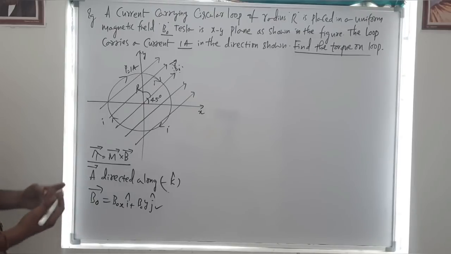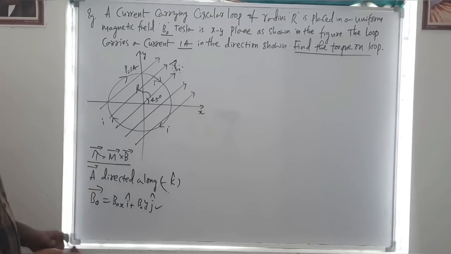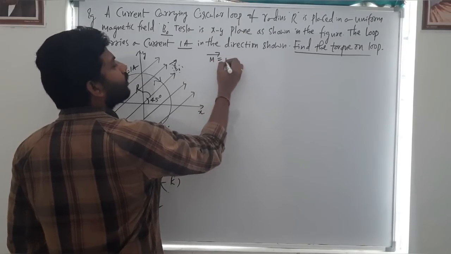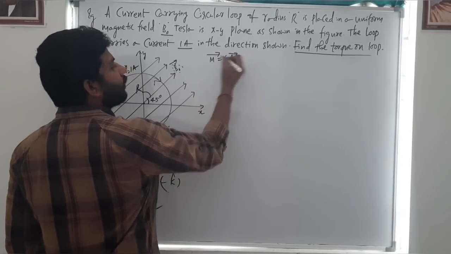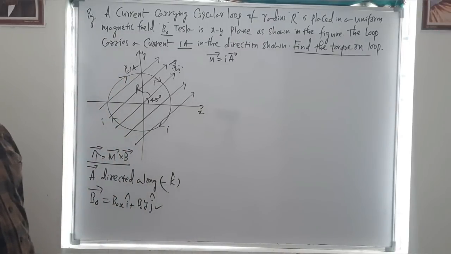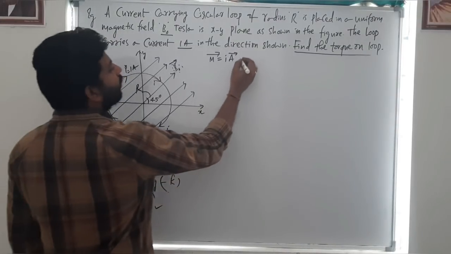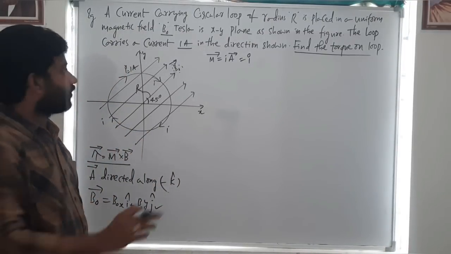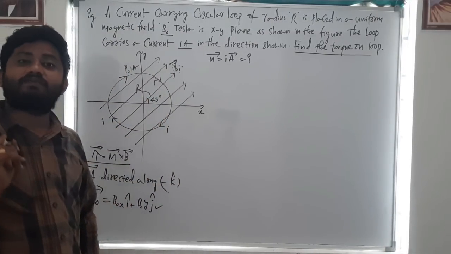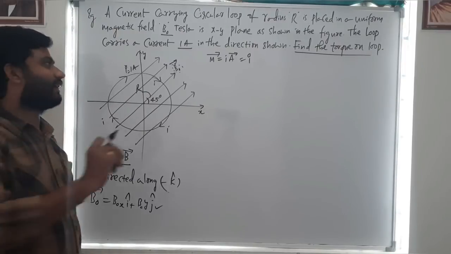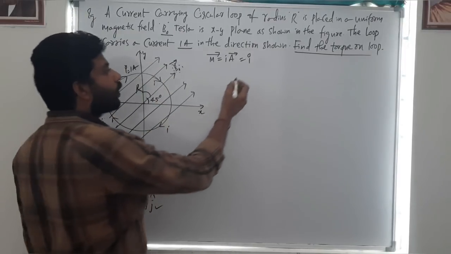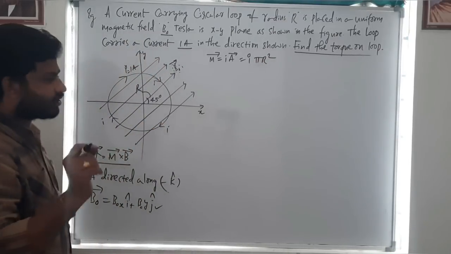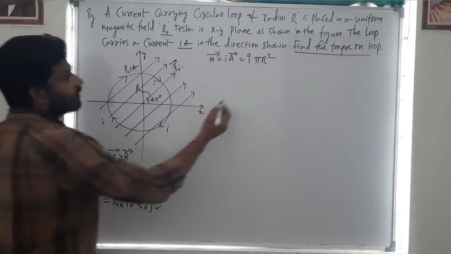Okay. Now focus on m bar. We know m bar is equal to I times A bar. The current is I, which is 1 ampere as given, and A bar is the area vector, right? The magnitude is pi r square and the direction is minus k cap.